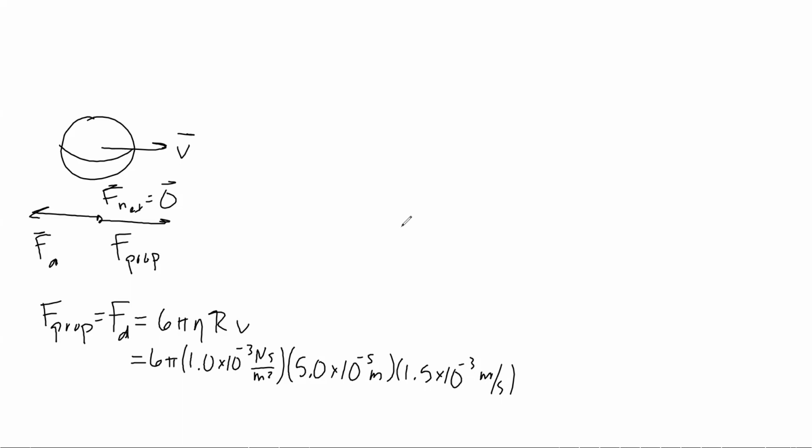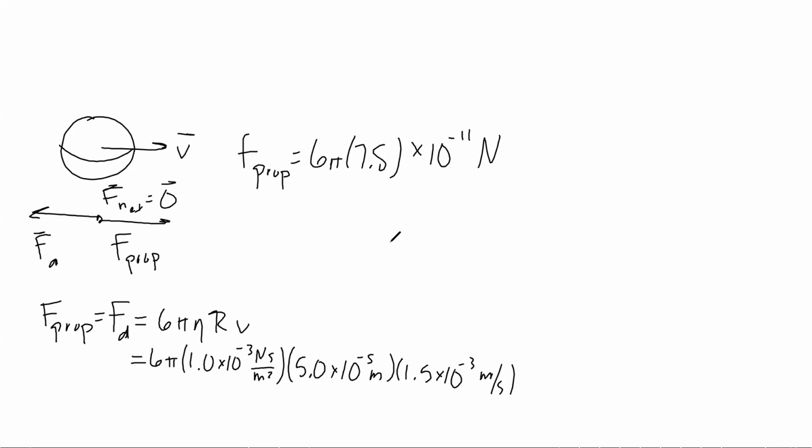The propulsion force equals 6 pi times 7.5. That's 5 times 1.5 times 10 to the negative 11th newtons. And if you work that out, the part of the problem is finishing this calculation, but 6 pi is 6.28 times 3, so that's 18.84 times 7.5, that is about 150.